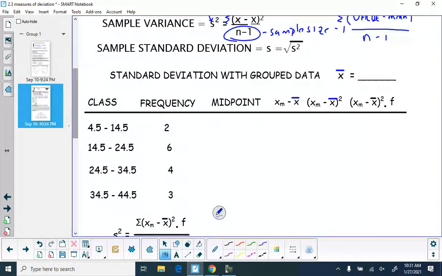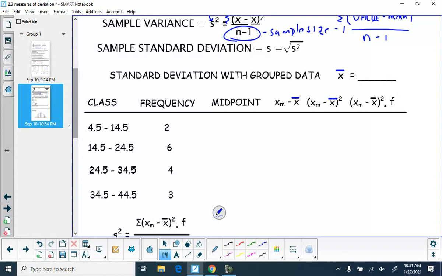Grouped data, we did this two days ago. Look back in your notes. What did we calculate the mean to be in this grouped data? 24.8.